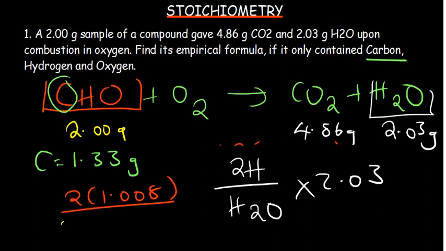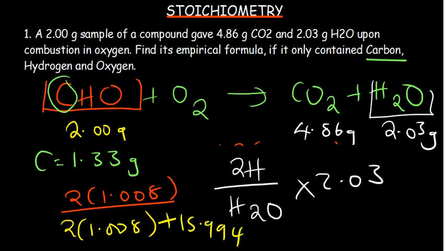It's 18.016. Then for the top part, 1.008 times 2 is 2.016. So what are we getting as the mass of our hydrogen?